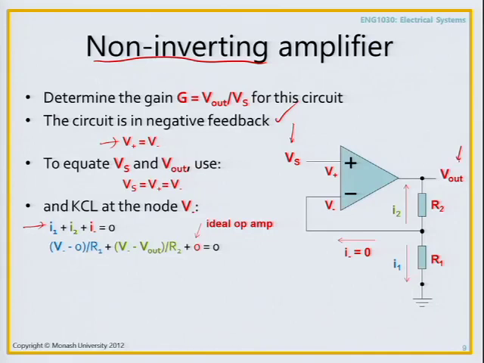So we've got V out, you've got R1 and R2, and you've got this current going to the left, which, because we are assuming that this circuit uses an ideal op amp, we know that this current here must be 0, right? That's the second really important thing. The first important thing was that these two are equal. The second important thing is there's no current coming into this op amp.